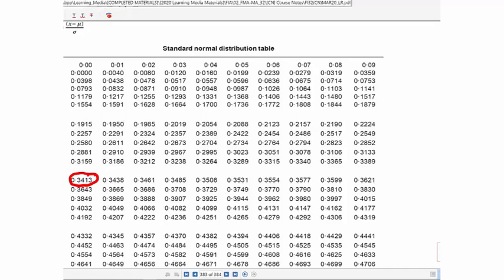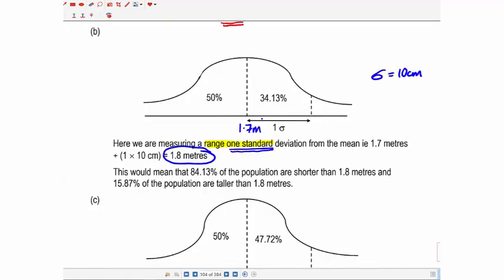And remember, that figure we take forward into our analysis as a percentage. So in other words, 1 standard deviation represents 34.13%. If we go back onto our graph here, we can see that the area that represents 1 standard deviation is 34.13%.